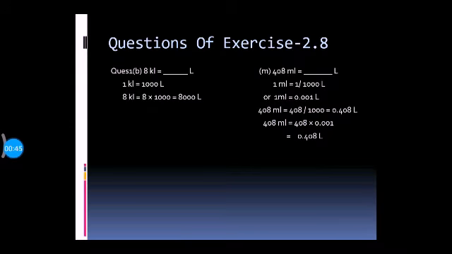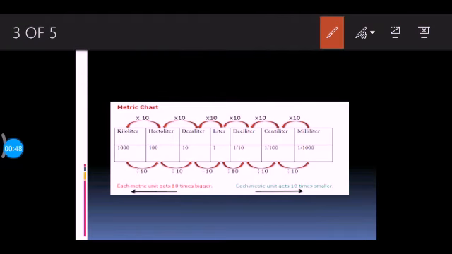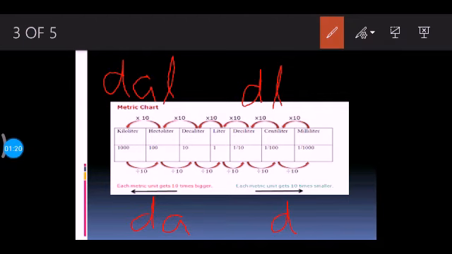Deca is always represented as DA, whether it is decameter, decagram or decaliter. DA will be used for deca and only D is used for deci. So if DAL is written, that means it is deca, not deci.